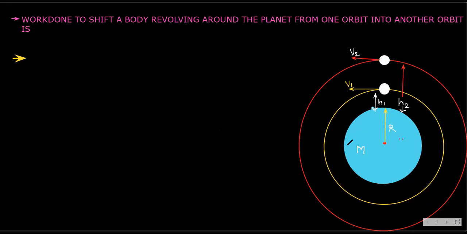Okay, right. So now the initial total energy, when the body is in this orbit, is equal to the gravitational potential energy at this point, which is minus GMm divided by (R plus h1), plus the kinetic energy, half m v1 squared.